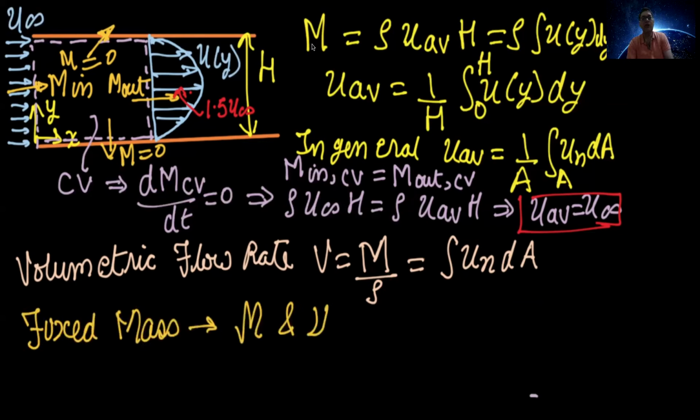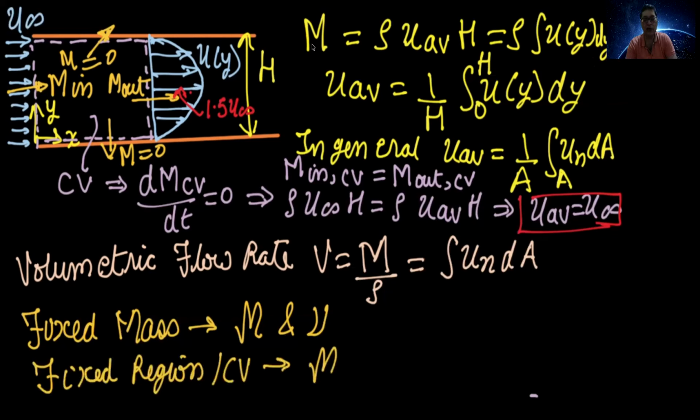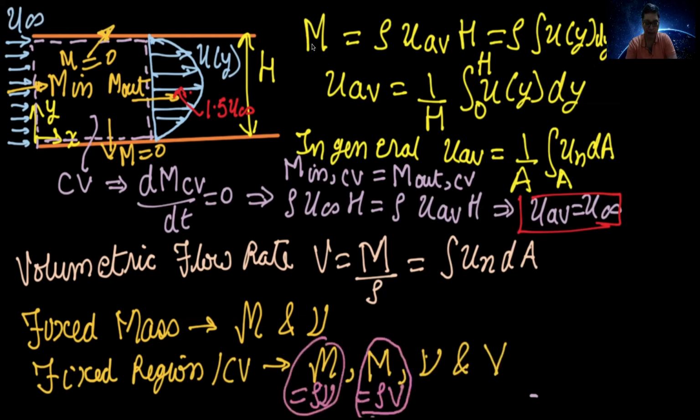So for a fixed mass system, note that the variables that you encounter are mass and volume, and the rate of change constitutes a single term. Whereas for a fixed region or a control volume, you encounter variables as mass flow rate, volume, and volumetric flow rate.